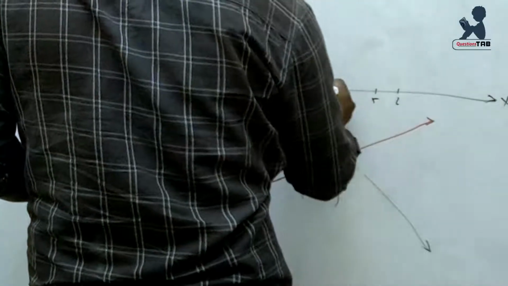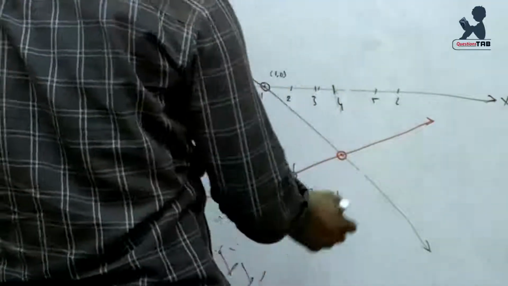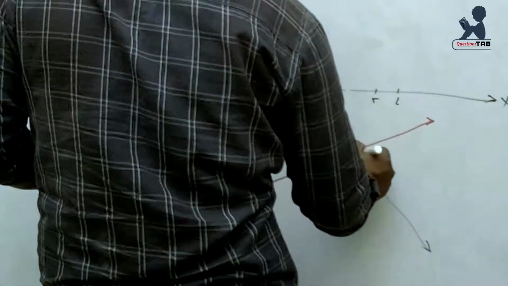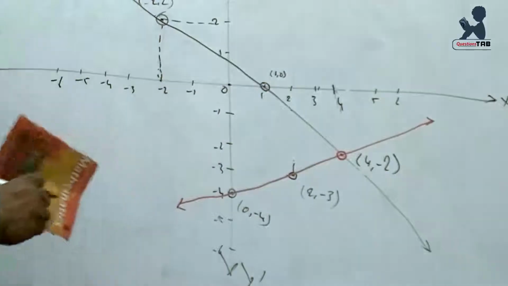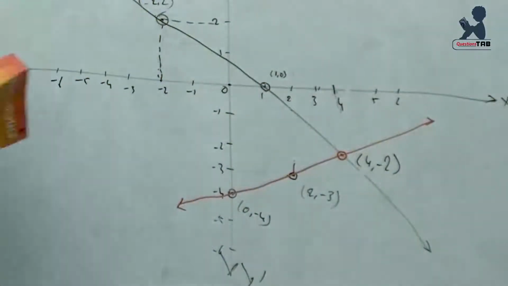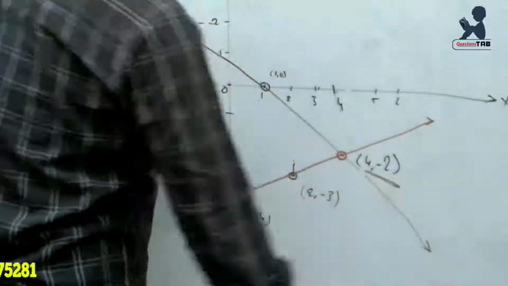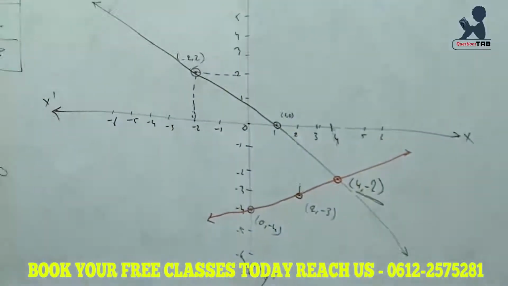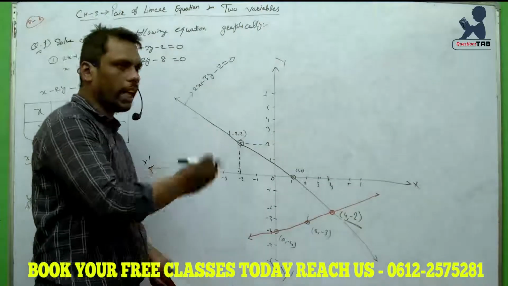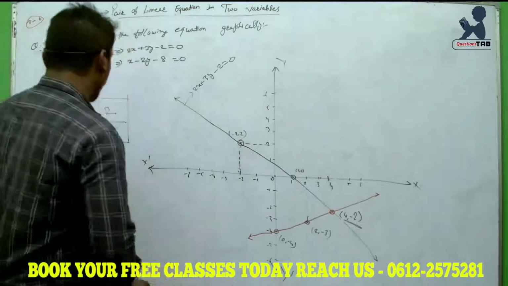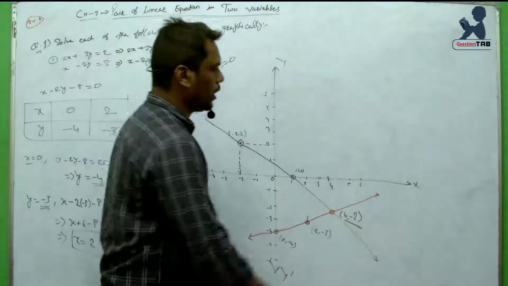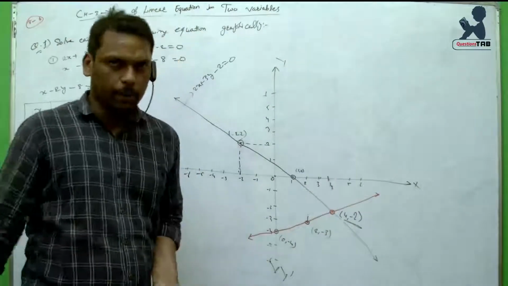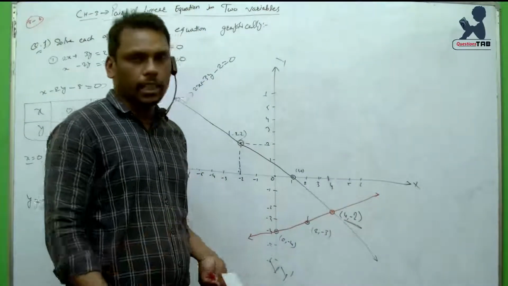This point is 4 and this point is 3, and for that we got 4 minus 2, and this is our solution. Okay, so let's do this exercise on your graph paper only. Calculate these things in your notebook, but draw the graph on the graph paper only, not on any other thing.